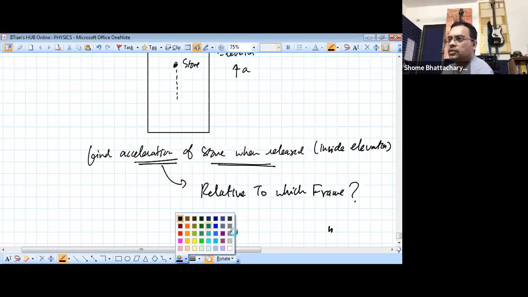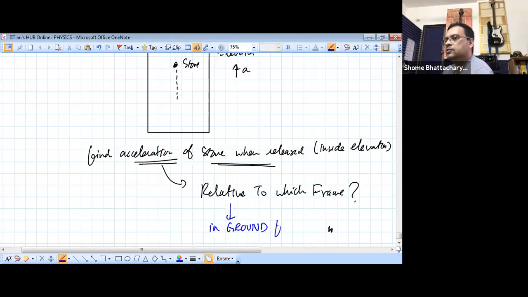If the question doesn't specify in whose frame to find it, then we always take it in the ground frame by default, and not in the elevator's frame.